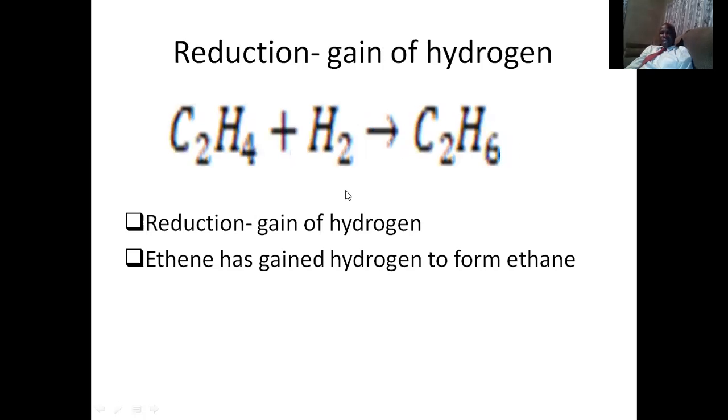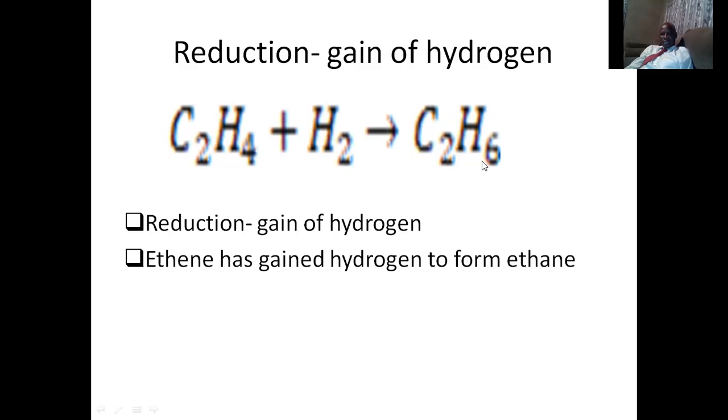Similarly, a reduction, or gain of hydrogen by a substance, is known as reduction. For example, here we have ethene. When it reacts with hydrogen, you form ethane. So we notice that ethene here has gained 2 atoms of hydrogen.